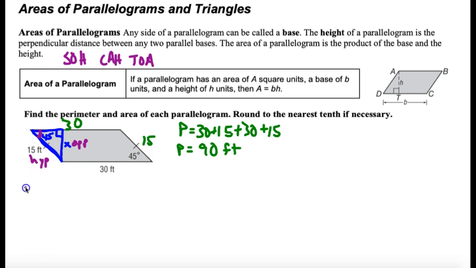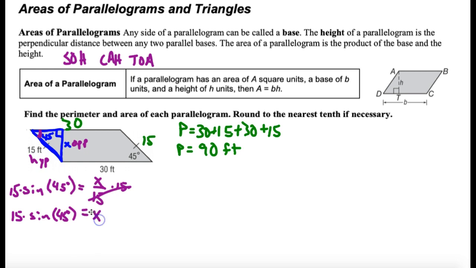So my setup here to solve for the height is sine of the angle, sine of 45, equals opposite over hypotenuse. To solve this, I would multiply both sides by 15, and I would get 15 times the sine of 45 equals x. And I can put that into the calculator.